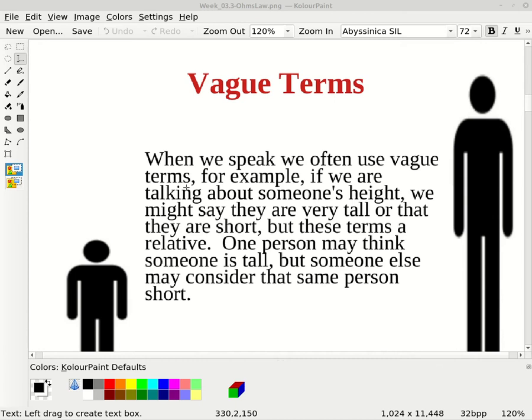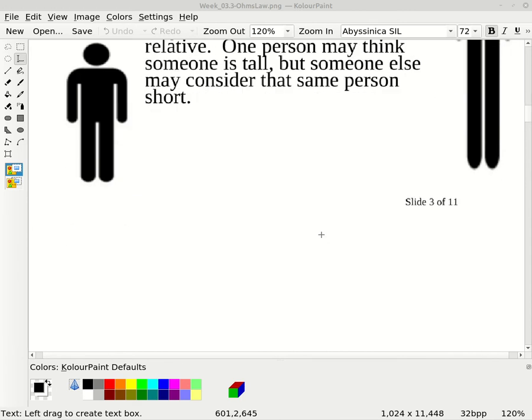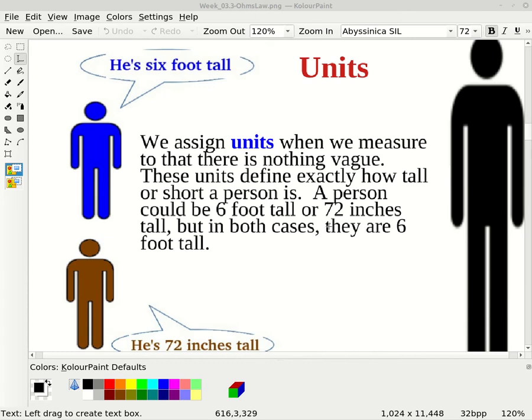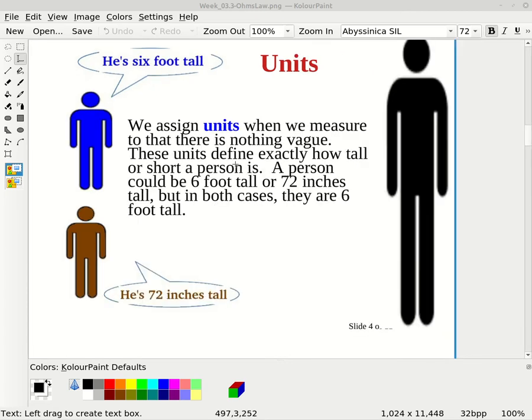When we speak, we often use just vague terms, and we talk about maybe somebody's height. We might say something like they're very short or they're very tall. But when we talk about units, we use units to describe exactly how tall someone is.